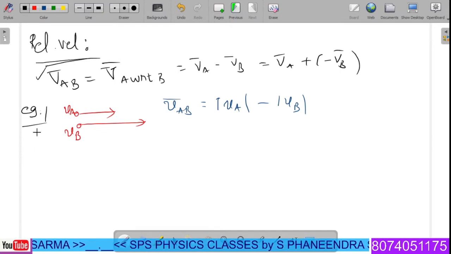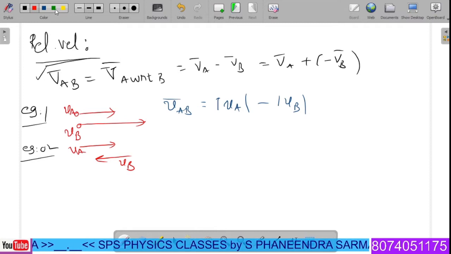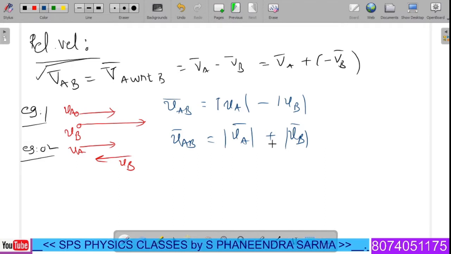In example number 2, suppose the first object is moving in this direction and the second object is moving in the opposite direction. Then the relative velocity VAB bar is equal to modulus of VA plus modulus of VB. Why are we taking direct addition here?